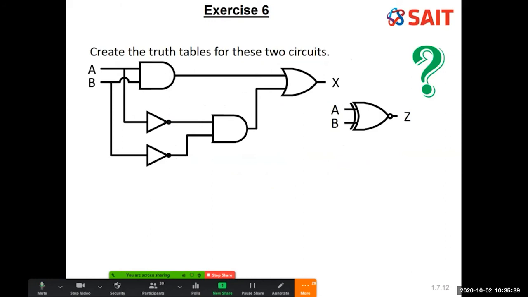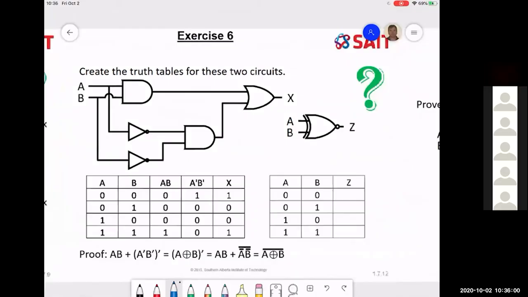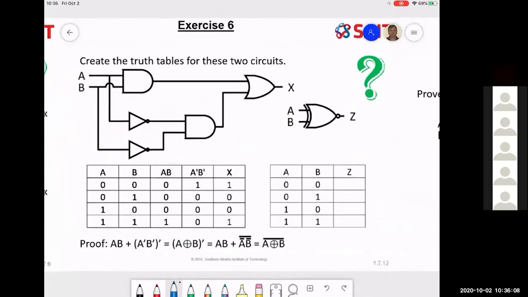So exercise 6 I have here. Create truth tables for these two circuits. Let's go ahead and do that. I think I've got this on the slide deck. It's all complete except for this last piece. Okay, so if I create my truth table for my big nasty circuit, and I create my truth table for my second circuit, I'm going to get the same thing.